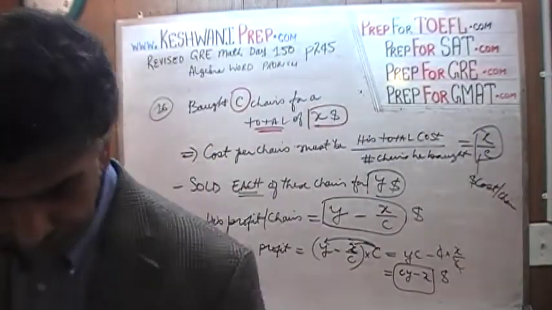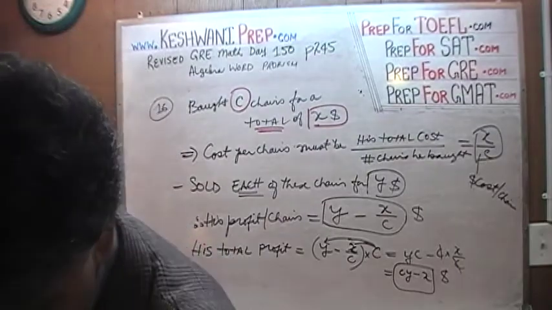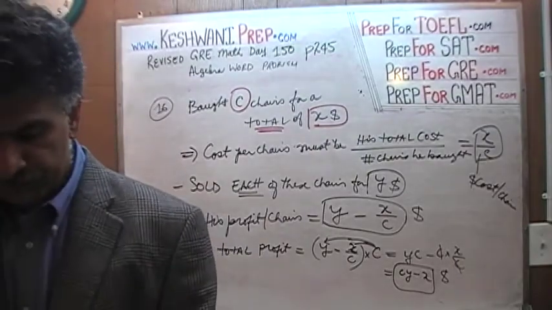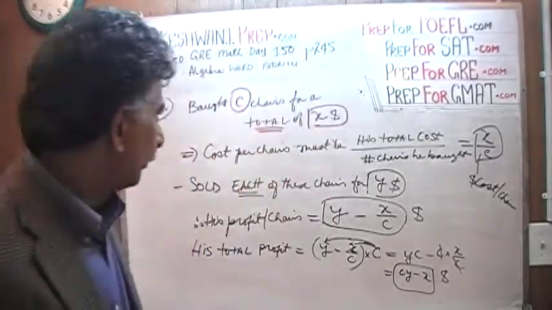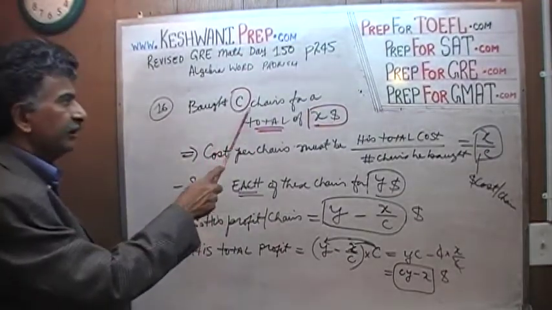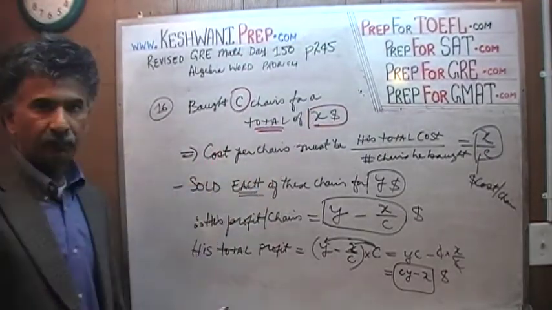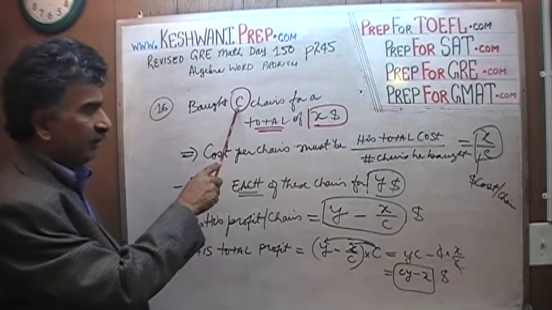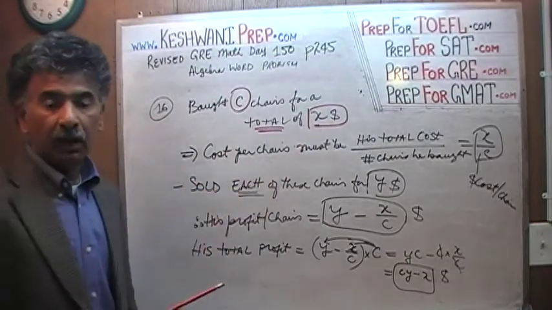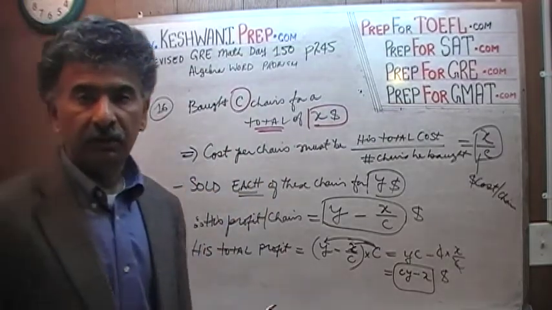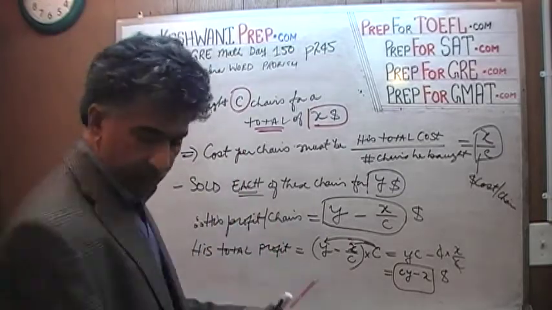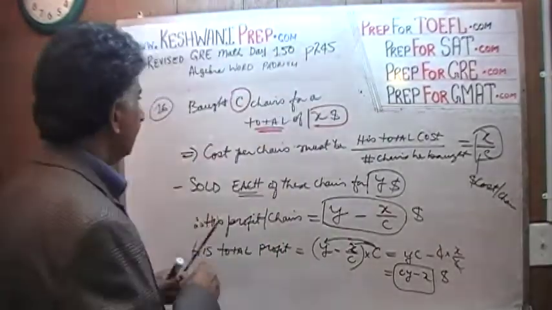So one more time, I'm going to recapitulate everything that we just said. Here's the story. The guy is buying C chairs for a total of X dollars. For example, if he's buying 10 chairs for a total of $800, how do you find the price per chair?